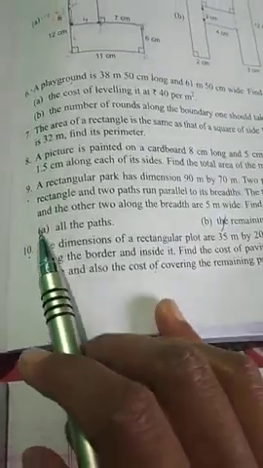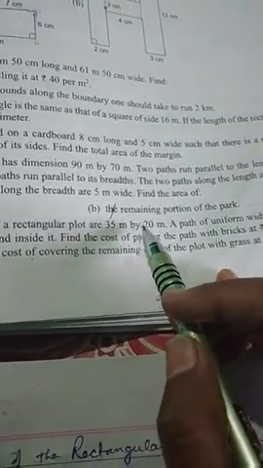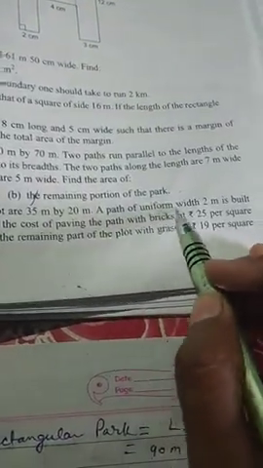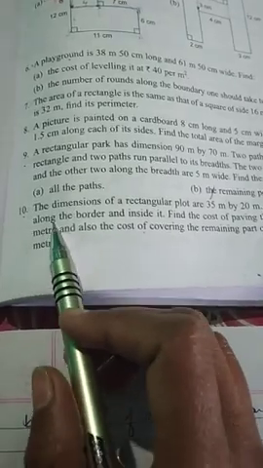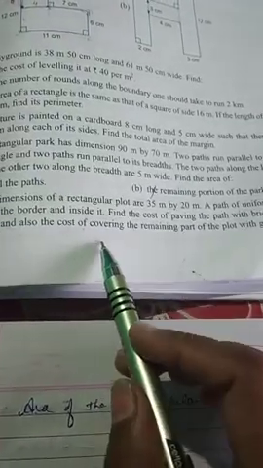Got it? Question number 10. The dimensions of a rectangular plot are 35 meter by 20 meter. A path of uniform width 2 meter is built along the border, inside the rectangular plot.